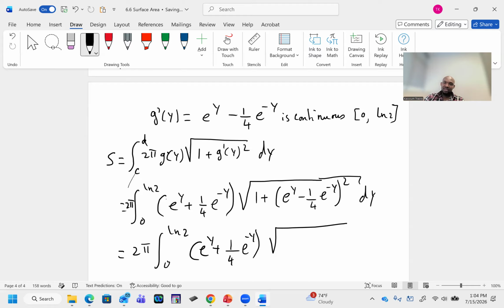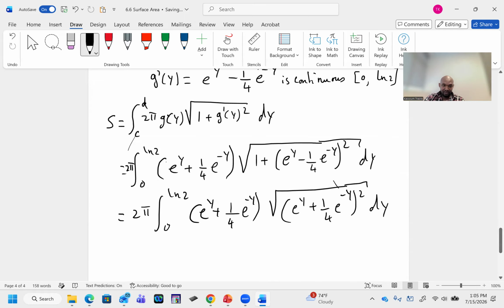It will just be e to the power of y plus 1 over 4 e to the power of negative y, squared, dy. Square and square root will cancel out.